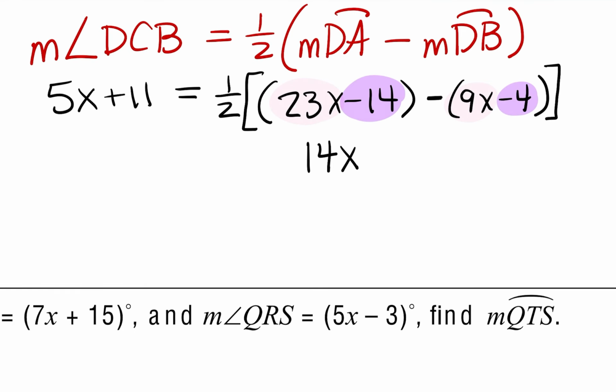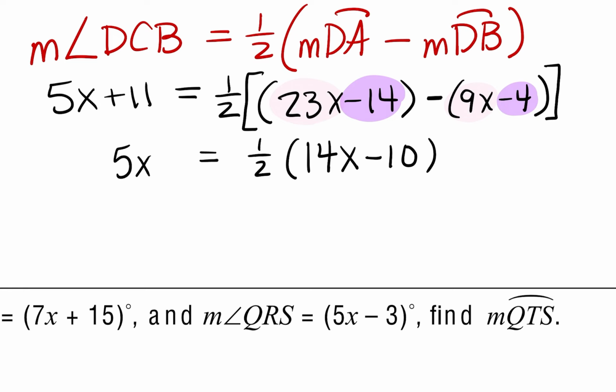So it's actually negative 14 plus 4. So that's going to give us negative 10. And that's going in parentheses with the half and 5x plus 11.